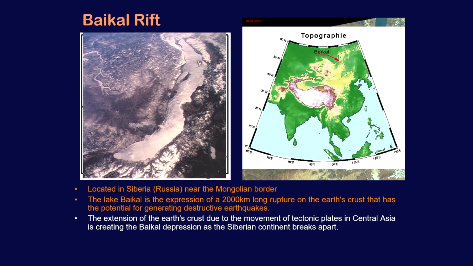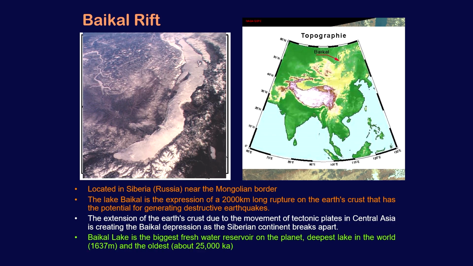So we call this a rupture in the earth crust that has the potential for generating destructive earthquakes. The extension on the earth crust is because of the tectonic movements between the two plates. So this lake is the biggest freshwater reservoir on the planet and the deepest lake in the world.